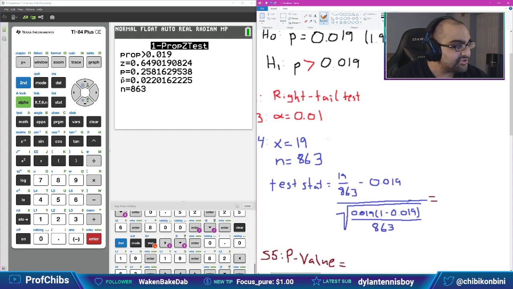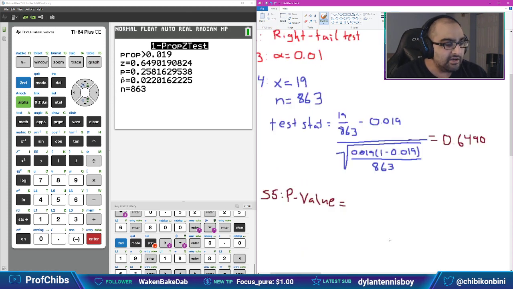So this is what we're going to put down for step 4: the test stat is 0.6490. In step 5, the next number below it says p equals. That's our p-value that we need for step 6. So this p-value is 0.2582.